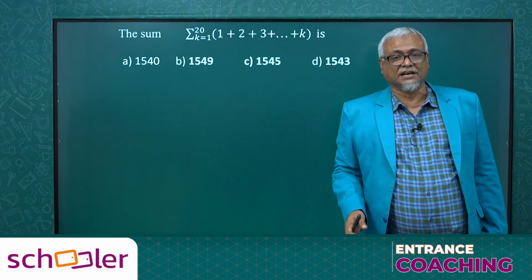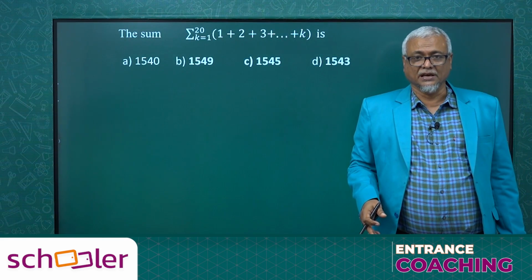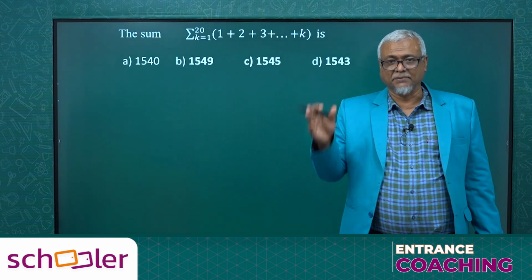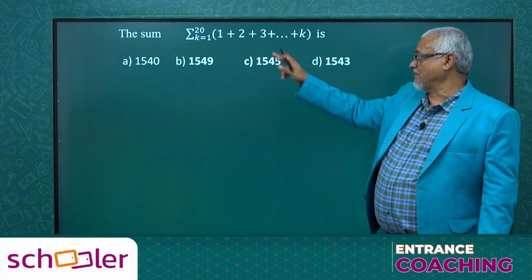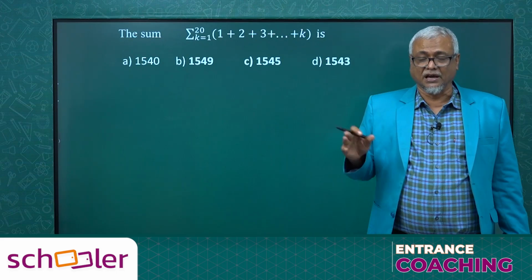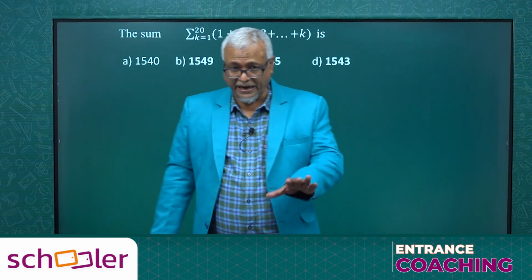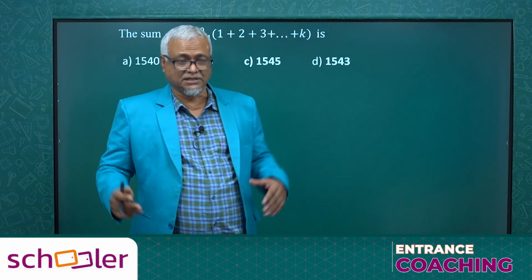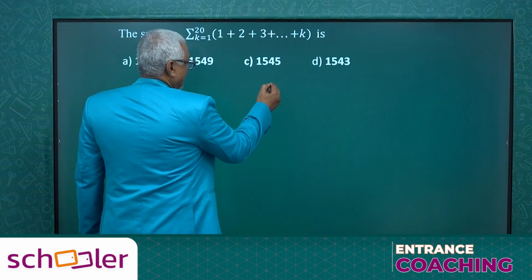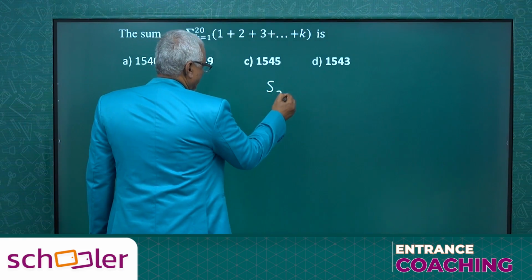What is the sum of the first n natural numbers? It is n into (n plus 1) by 2. So what is the sum of the first k natural numbers? k into (k plus 1) by 2. So you write the formula for the term inside the bracket. We need the sum to 20 terms.